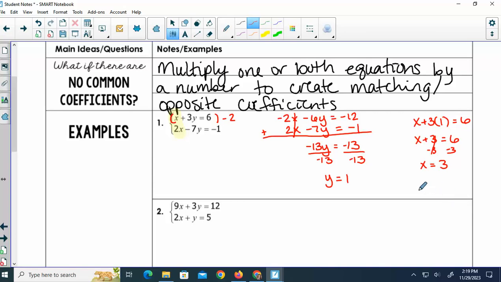And then at the end, I always let that word pair. Make sure, a couple of you on your homework were flipping the x and the y. It's always x then y. So my solution is 3, 1. Any questions on that?